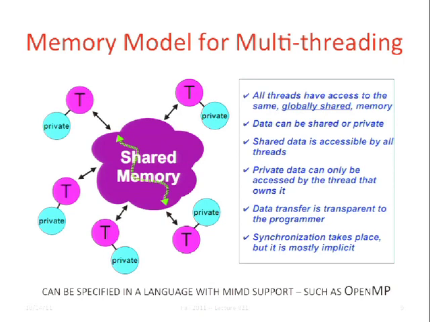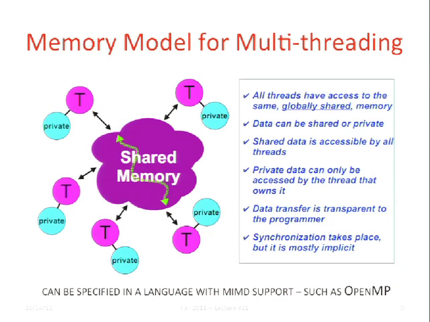So in general, all threads have access to the same memory. If the data is going to be shared, then everybody can read it and write it. There's going to be some private data that we're going to agree can only be accessed by an individual thread. So if I have 100 threads, I've got 100 individual private little pieces of data that each of those threads can use.